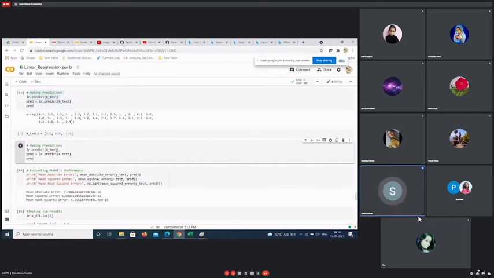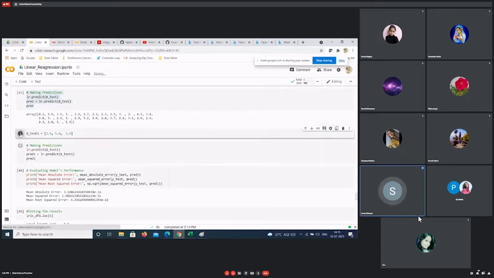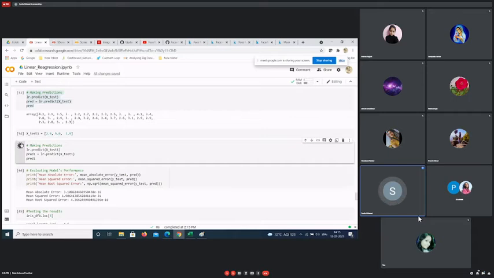But now my test set will be xtest1. The prediction will be for xtest1, and I'll give this spread a new name, spread1, so that I can visualize what exactly is happening. So now the testing is going on.